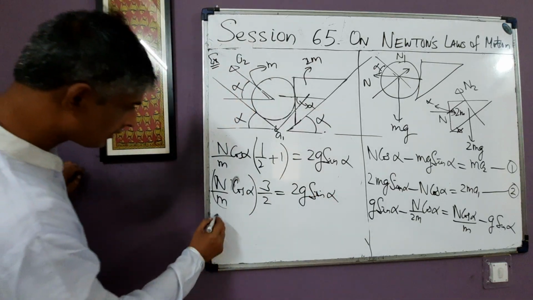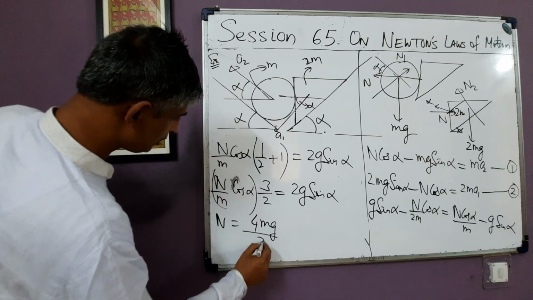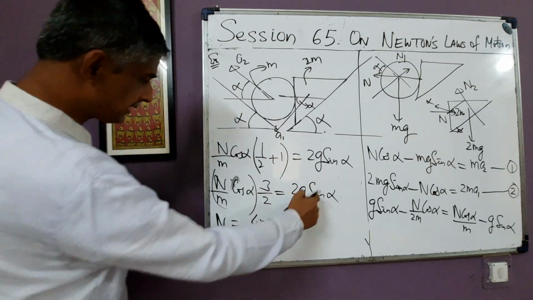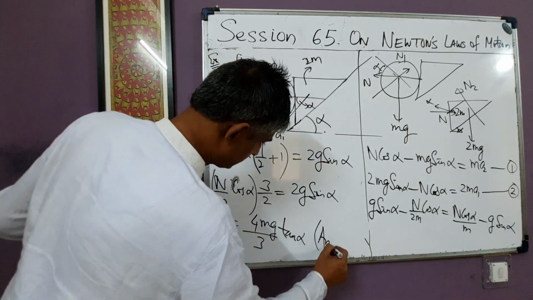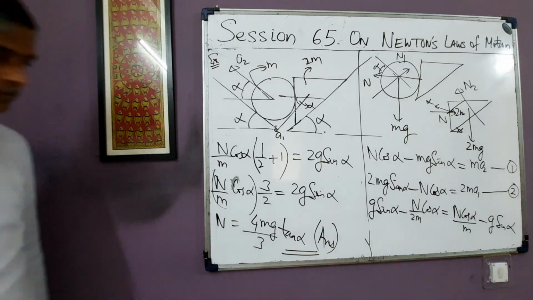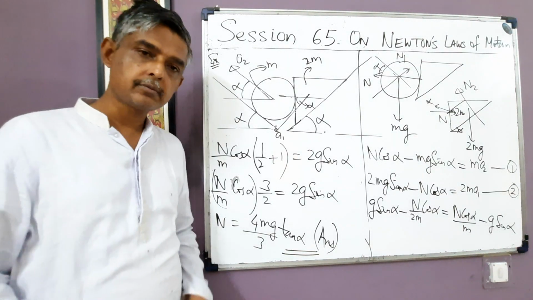Alright. So n becomes 4mg by 3, 2m goes that side. 4mg by 3, sin by cos becomes tan. It is therefore the required answer to this problem. Okay. So n becomes how much? 4mg by 3 tan alpha. This is therefore the required answer.